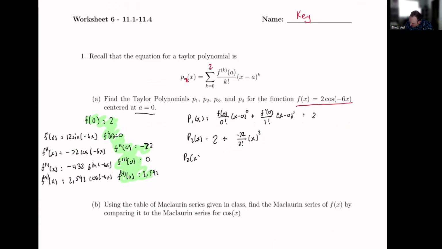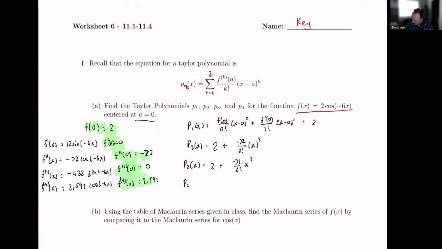P3 is equal to the same stuff, plus negative 72 over 2 factorial x squared, times the third term. So when I plug in the third derivative here, the third derivative is 0. So it's going to be the same thing. It'll be plus a 0, right, when I do 0 times this stuff.